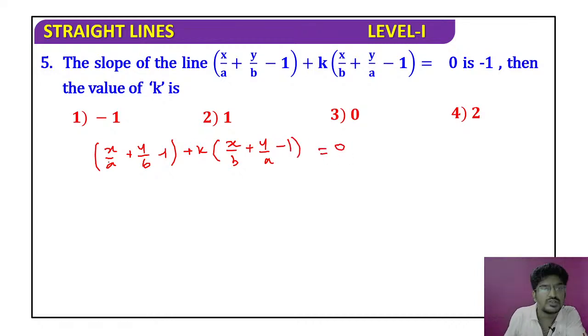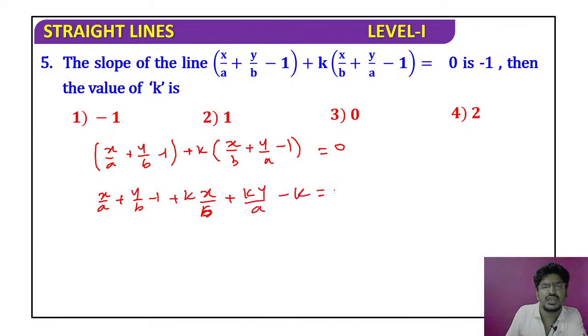If you take any wrong terms here, you may get a wrong answer, so take these terms carefully. Now simplify it: x by a plus y by b minus 1, k into this term is kx by b plus ky by a minus k equal to 0.